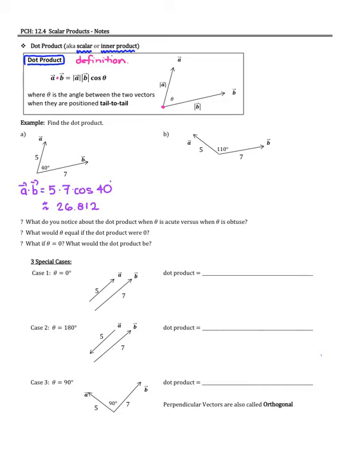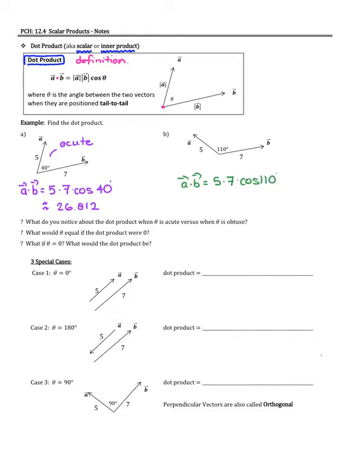And when we work that out, you get about 26.812. So notice that we have here an acute angle, and because the cosine of an angle less than 90 is going to be positive, whenever your angle is acute, you will always get a nice positive answer. Then over here, A dot B is going to be the product of their magnitudes times the cosine of the included angle.